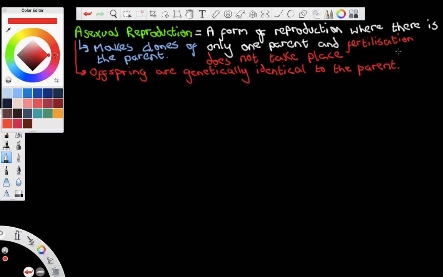Okay? Asexual reproduction relies on mitosis. So asexual reproduction uses mitosis as a form of cell division. Okay?